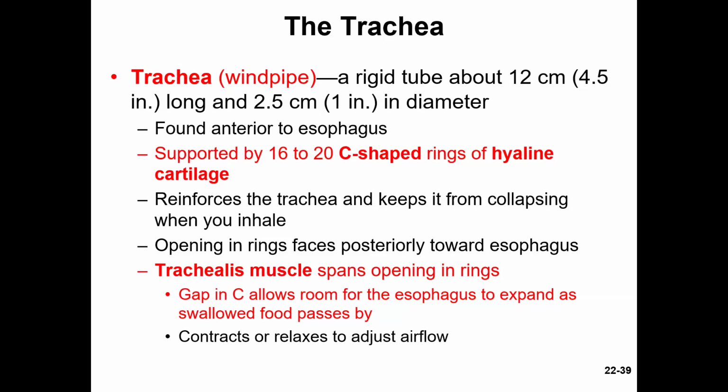So what happens? We bring that food bolus down and have to squeeze it along the esophagus. From one part of the esophagus, you squeeze it down, then to the next part, and then the next part. As you squeeze that bolus of food down, it is behind your trachea.